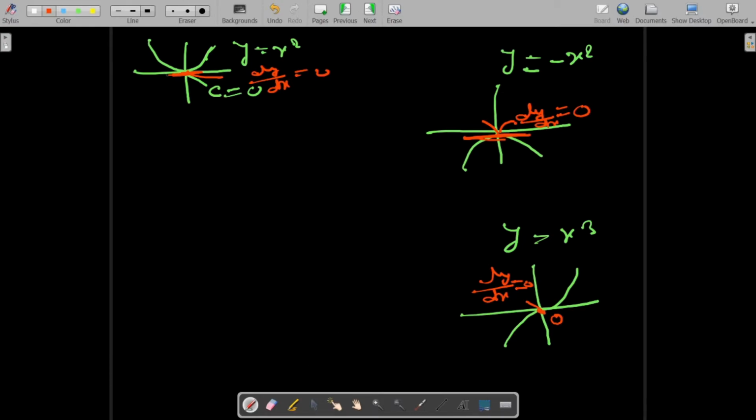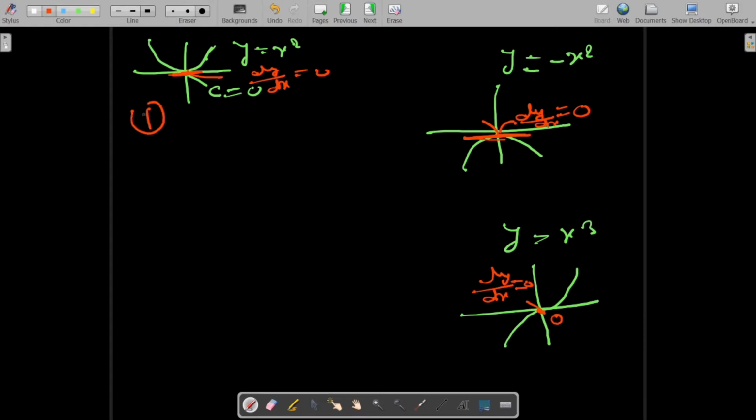So how to identify, because all the graphs have slope 0 at the stationary point, whether that particular point is maxima or minima? For that we have two methods.